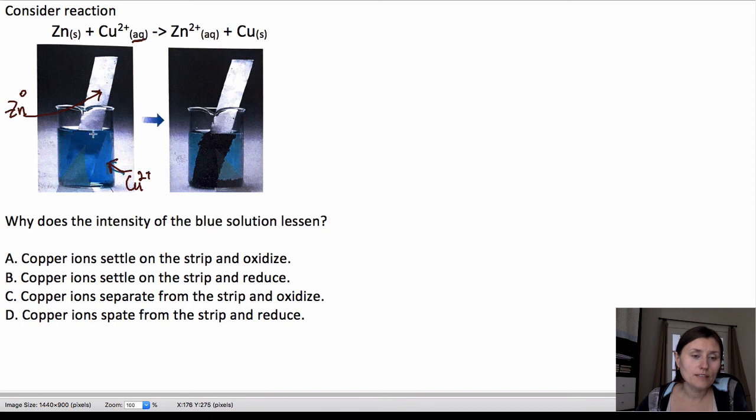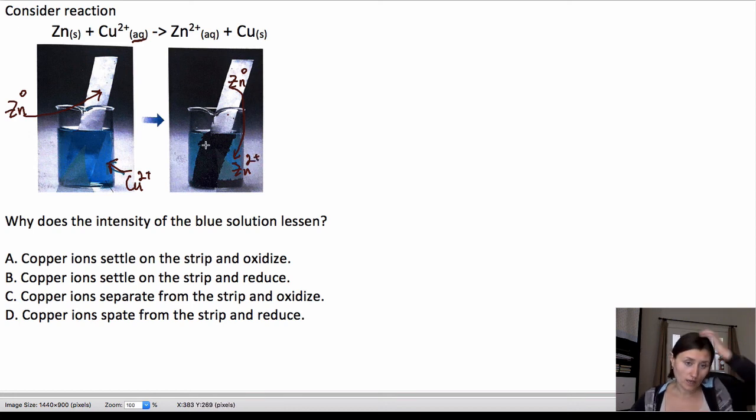So as they sit here like that, what is happening is part of the zinc, part of this metal, is going into liquid. So zinc is going into liquid. Now if this is 0, this is zinc 2 plus.